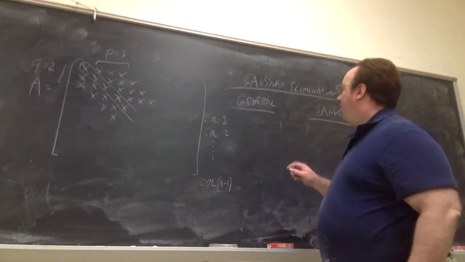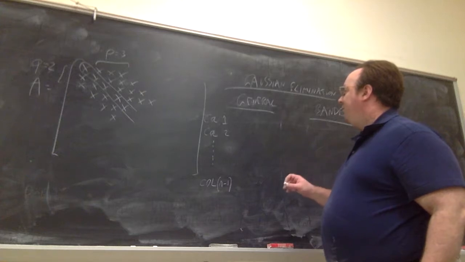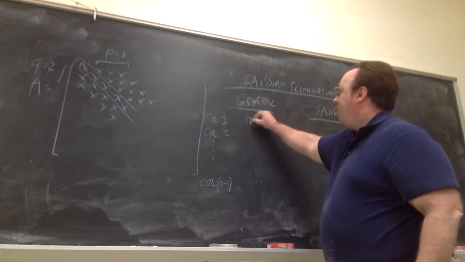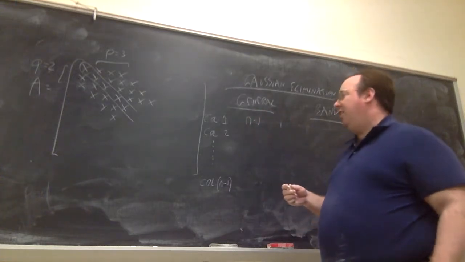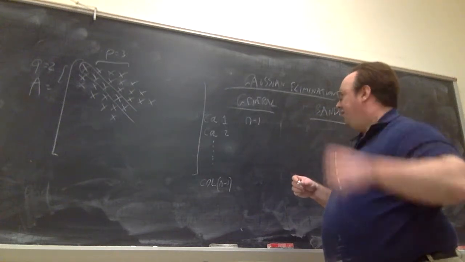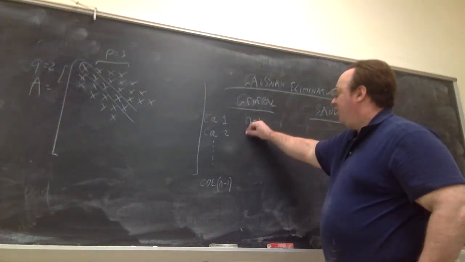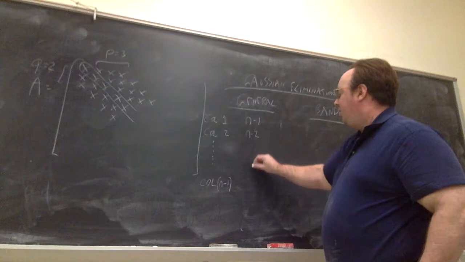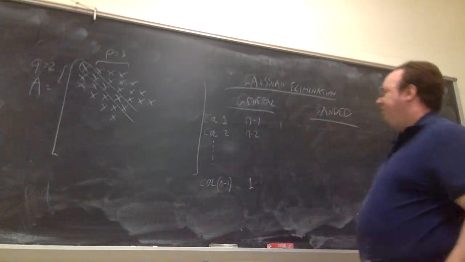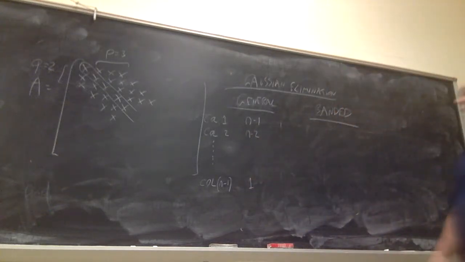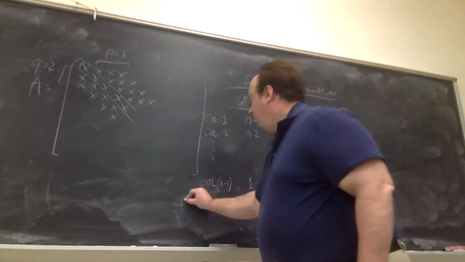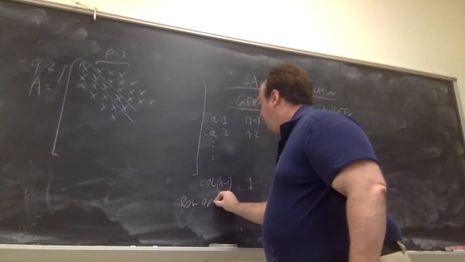So in terms of how many entries to eliminate, we have n minus 1 entries to eliminate in the first column. Everything below that 1,1 entry, the diagonal entry. Then you move to the next column, you have n minus 2, and it keeps decreasing all the way down to 1. So the total number of row operations, so that's what we're counting here.